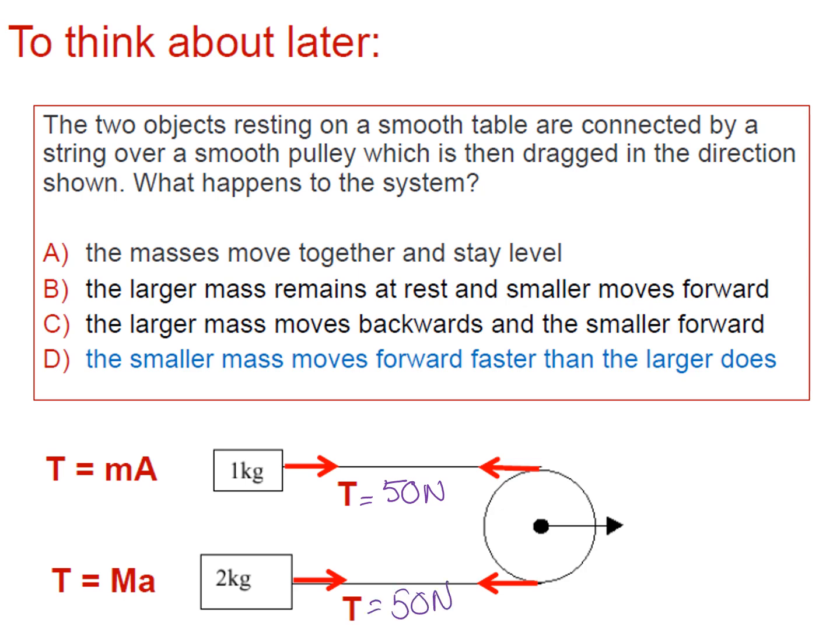Then the acceleration of the little block, doing F equals ma, will be the force, which is 50, going forwards, divided by the mass, which is 1 kilogram, equals acceleration. And in this case you'd have the same force divided by the mass, which is 2, so that one's moving obviously faster.